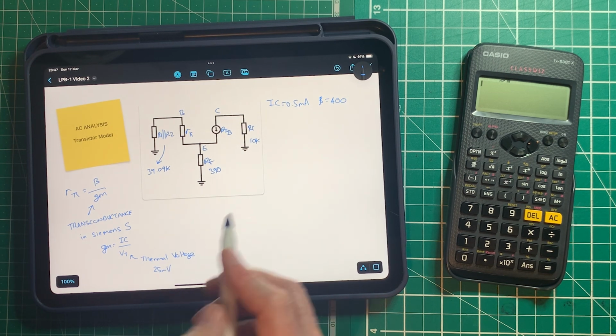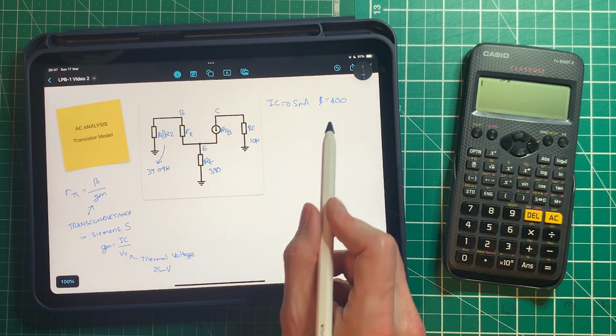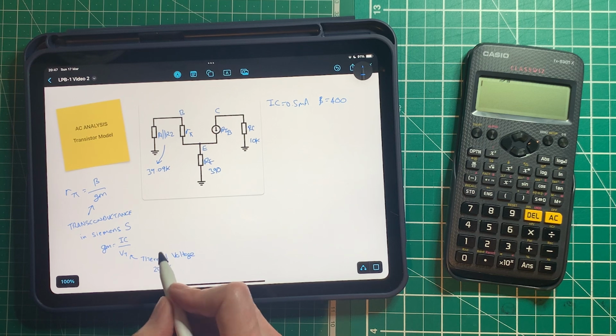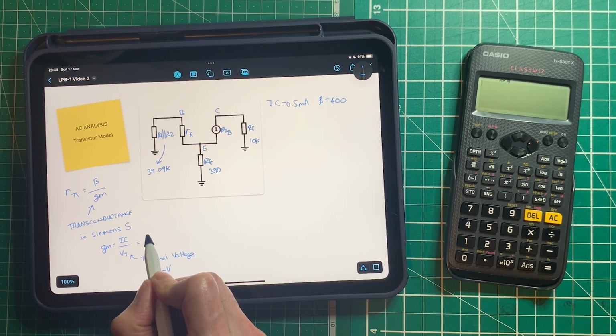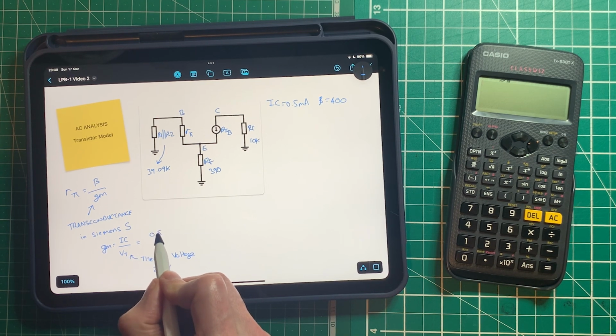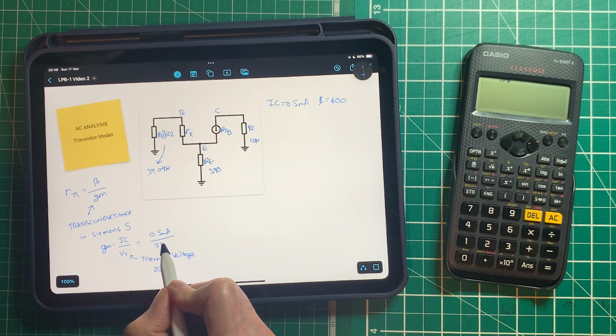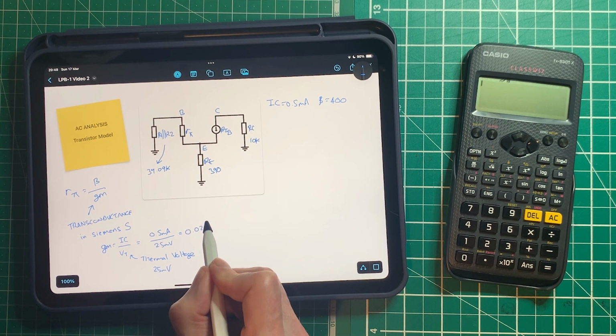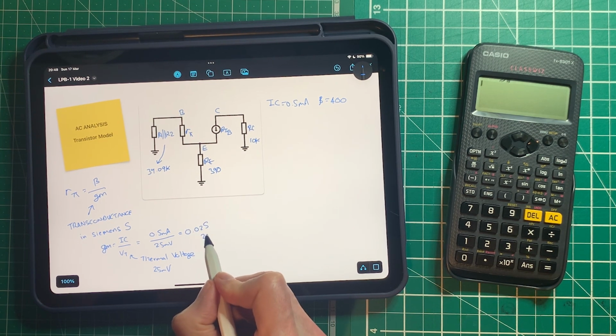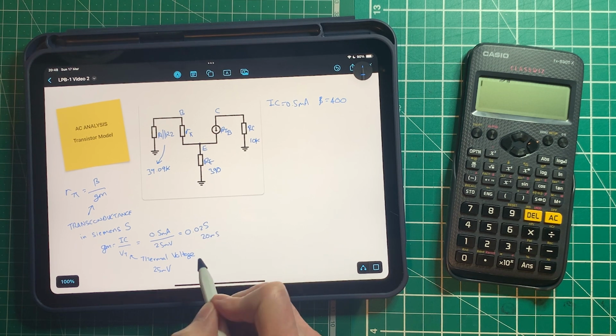I'm going to use 25 because I've got 0.5 and 400, so it just makes the maths a little bit more elegant. So we can actually calculate this now because we know we've got an IC of 0.5 milliamps and we're dividing it into 25 millivolts. So 0.5 over 25 is the same as 1/50th, which is 0.02 Siemens, or 20 millisiemens.